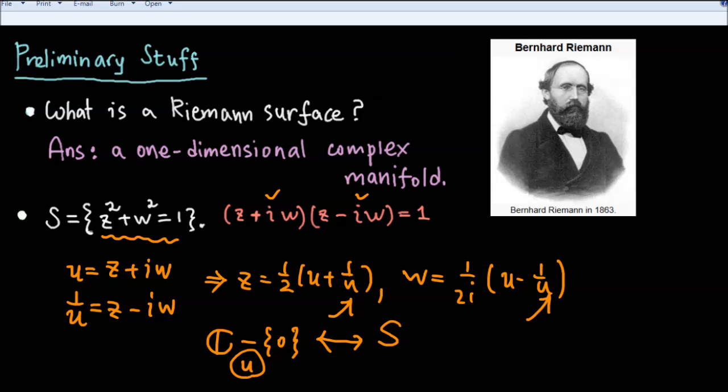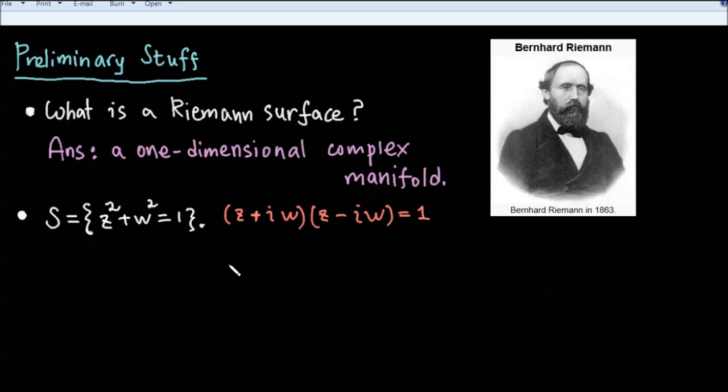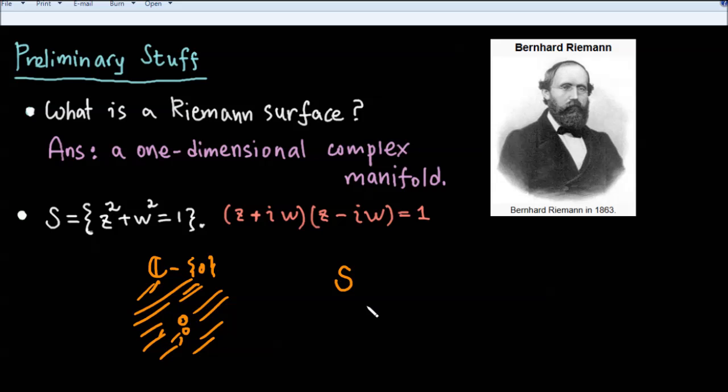Okay, so let me explain in a better way. What we have created here is C minus 0, the punctured plane. Here's a 1, 0, and everything else is there, solid and not changed. And then there is this S that's sitting inside a 4-dimensional real space.